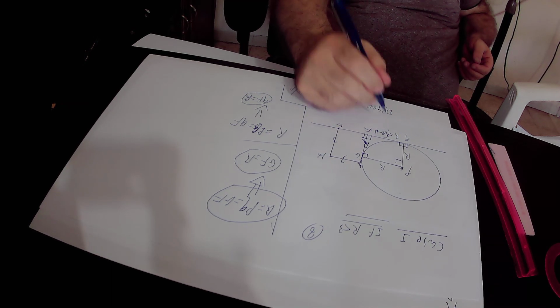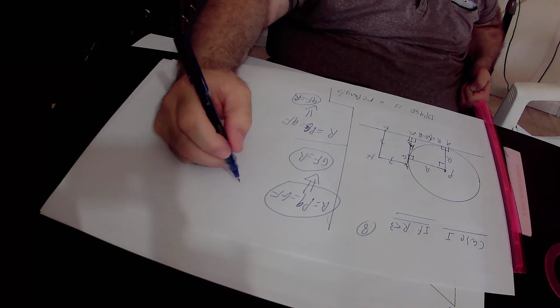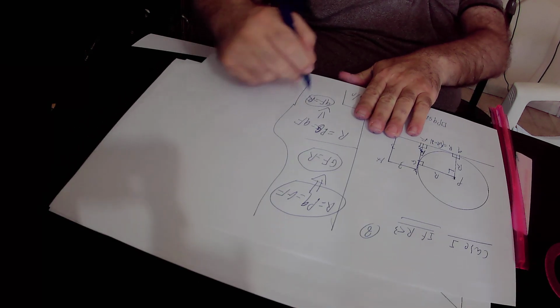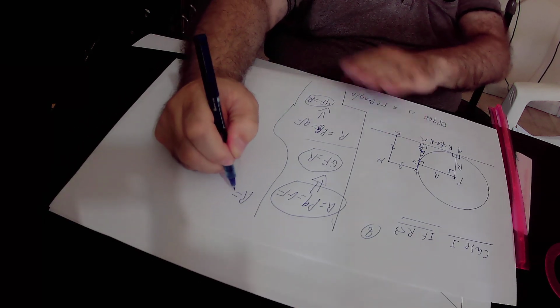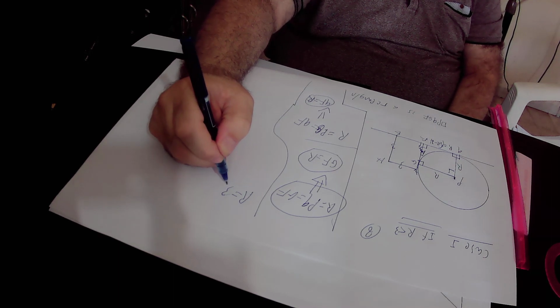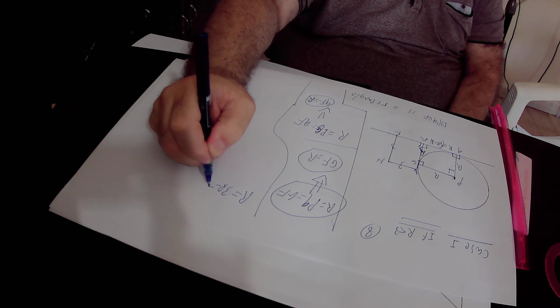So from one side QF equals R, from the other side QF equals 3R minus 7, therefore we can write down that R equals 3R minus 7.